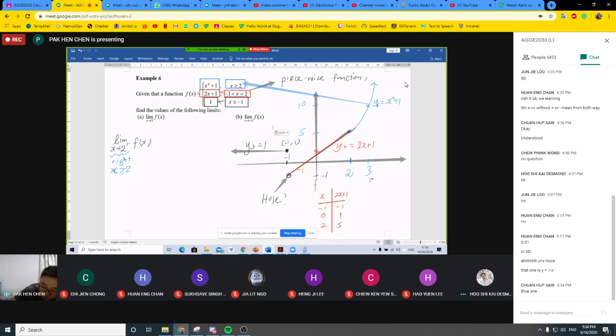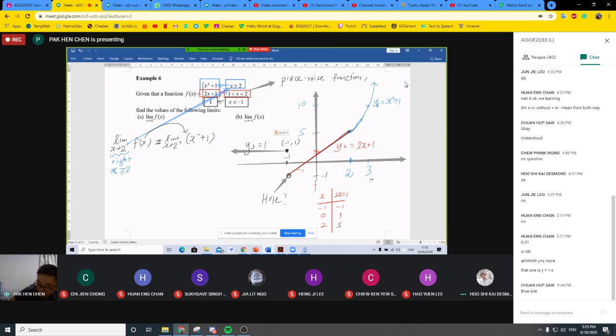When you see a plus sign, I'm going to substitute f(x) to become x squared plus 1. That's what I'm saying. Yes, because from the graph that I drew for your reference, the points are moving to the right, isn't it?